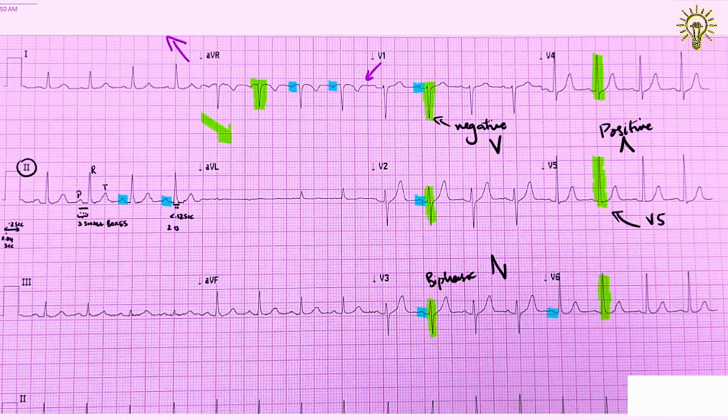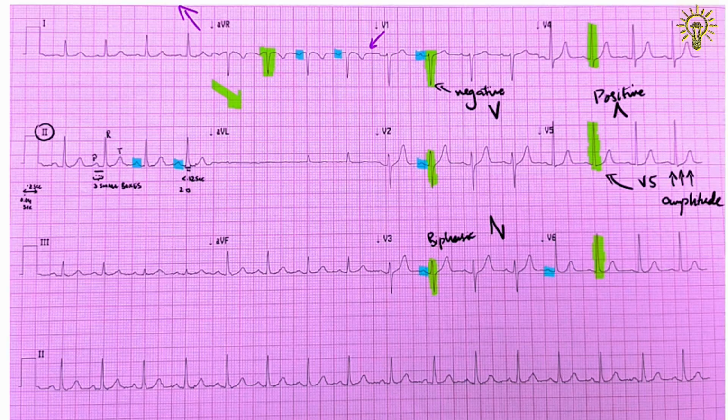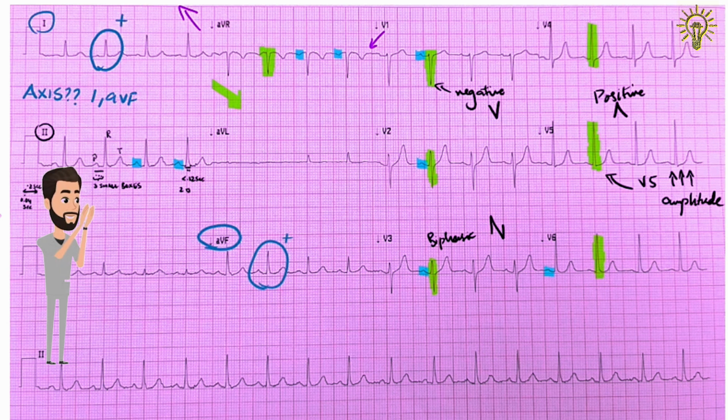V5 usually carries the maximum positive amplitude of QRS as it is located ideally in line with the depolarization wave direction. As for the axis of the heart in this 12-lead ECG, we take lead 1 and lead AVF. Since the deflection is positive in both leads, we declare the heart to be in normal axis range between minus 30 to plus 90 degrees.